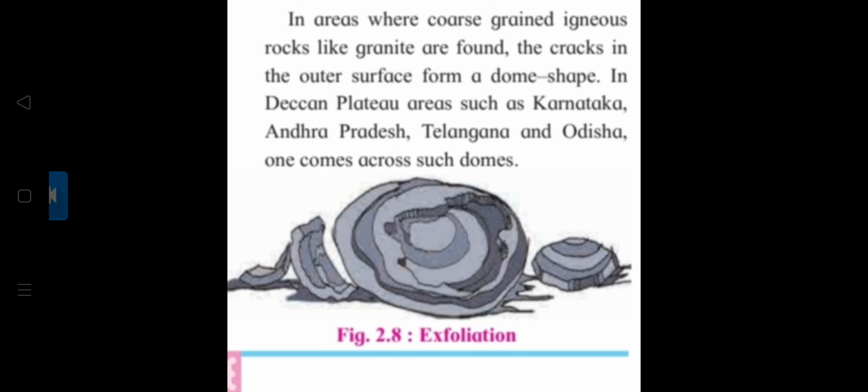So the joints widen, they deepen, and they finally break down the rock block by block. They have already said that heat may not be directly the cause of chemical weathering, but it speeds up chemical weathering.